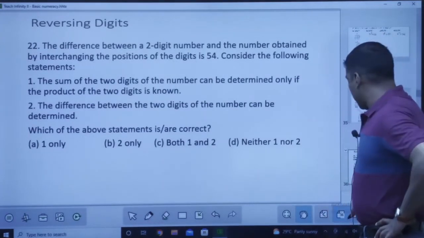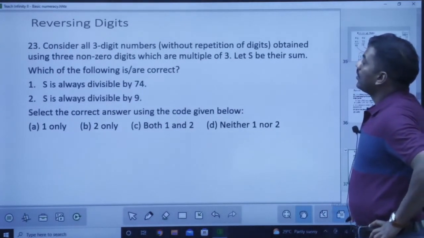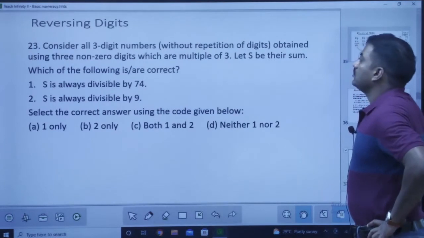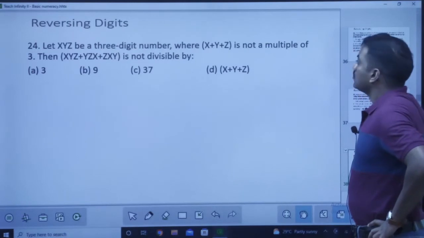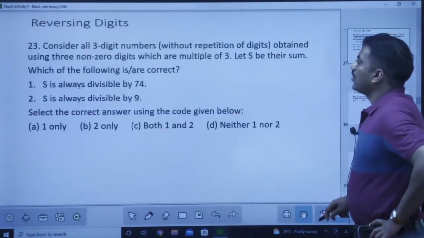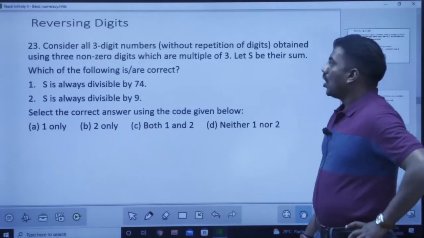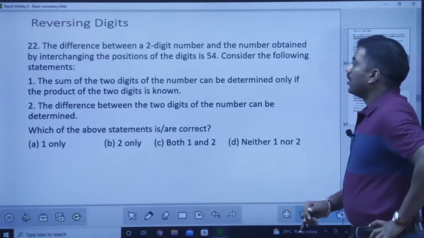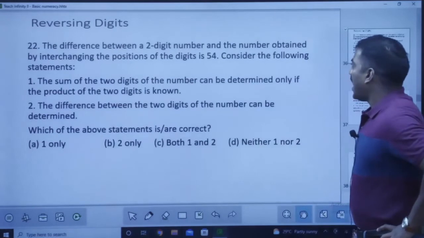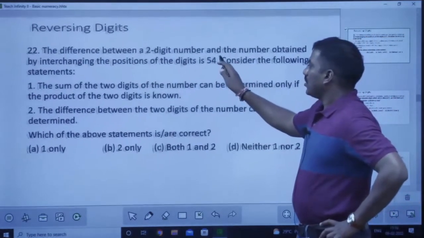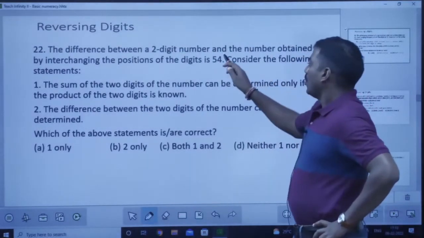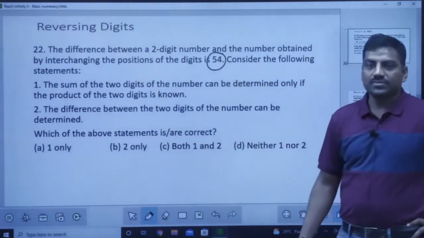See here. Consider: the difference between a 2-digit number and the number obtained by interchanging the positions is 54. Now tell me, what is the difference between the digits?